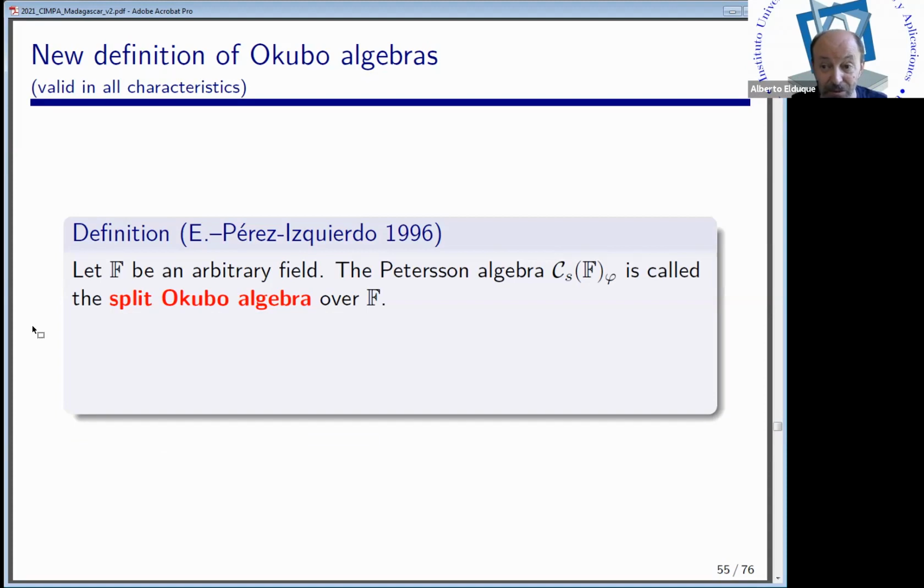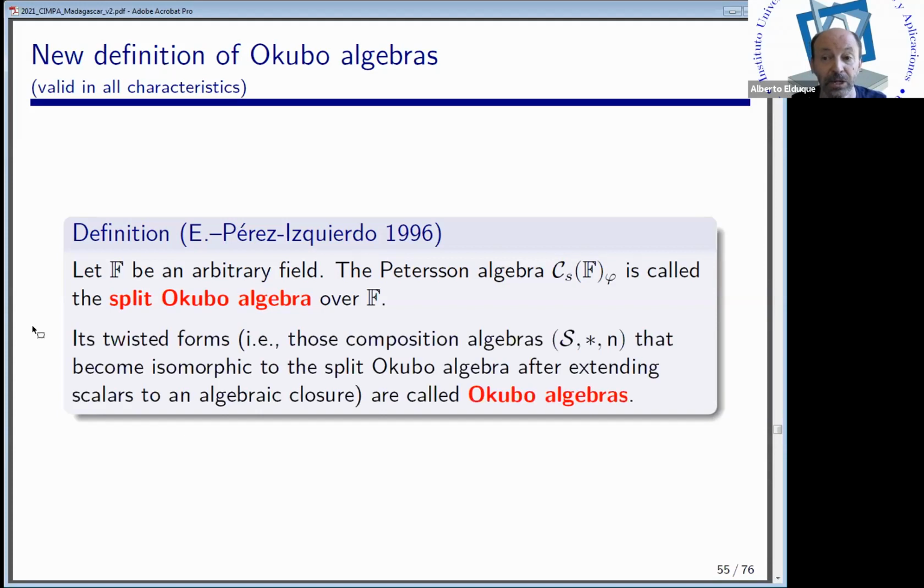So we take the split Hurwitz algebra and modify the product. We deform the product using conjugation and this particular automorphism of order 3 that works in any characteristic. So this will be called the split Okubo algebra. And now the twisted forms of the split Okubo algebra, I mean, the algebras that become isomorphic to the split Okubo algebra after extending scalars to the algebraic closure of the field, these are called Okubo algebras.